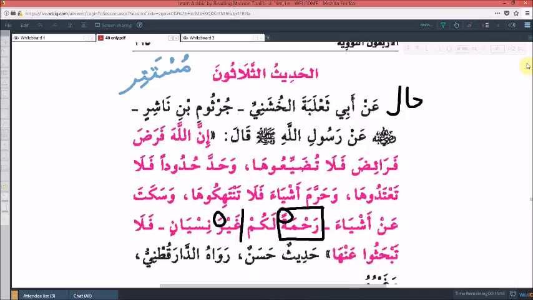So for instance, when the Prophet ﷺ said, because Allah told him to say, that Hajj was obligatory, then the man said, every year, O Messenger of Allah? The Prophet ﷺ said, if I had said it, it would have been every year and it would have been too difficult for you.